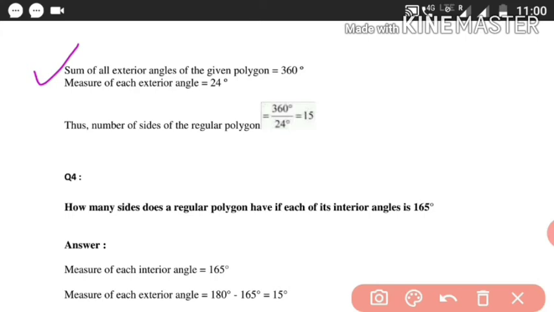How will you do it? The sum of all exterior angles of a given polygon is how much? 360 degrees, we know, isn't it?